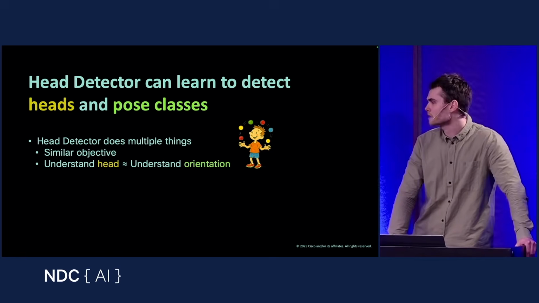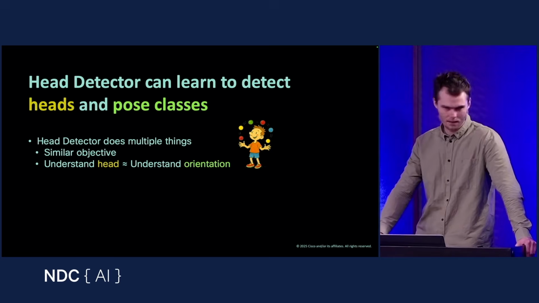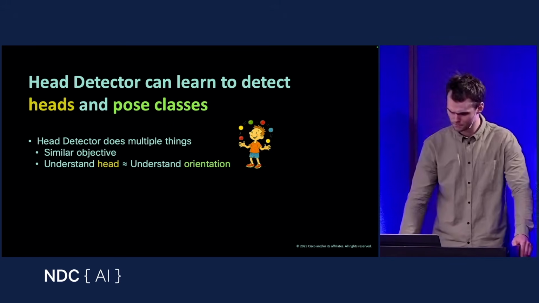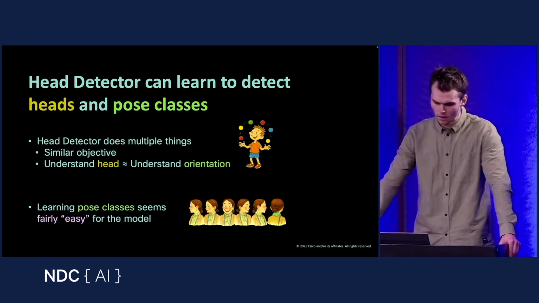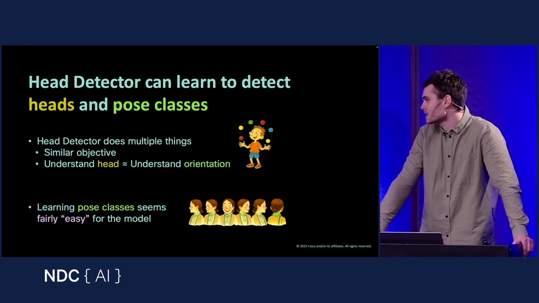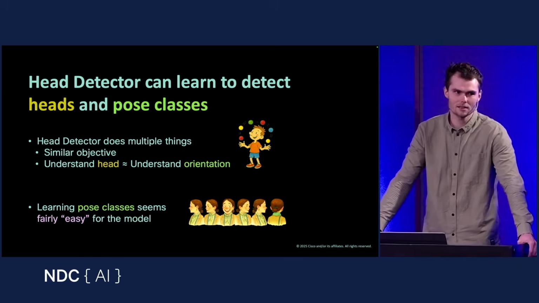And conceptually, understanding what a head is and understanding the rotation of a head isn't that far off from one another. We've also learned that for the model to learn pose classes wasn't all that difficult. We would typically weigh down that task during training.